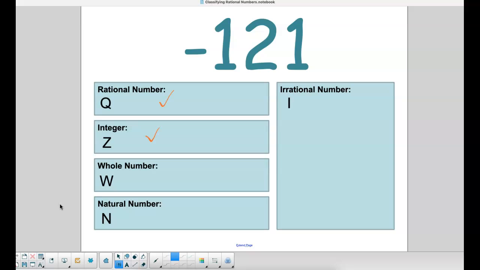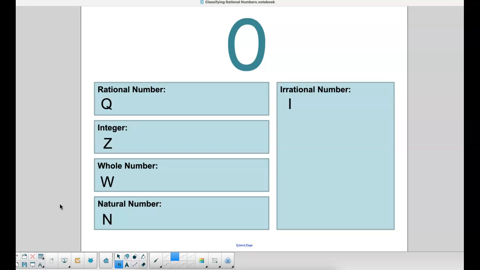Integer and rational. It's a negative whole number, so it's an integer. It's also rational. 0. Do you naturally count to 0? No. Is 0 a whole number? Yes. So then it's everything the rest of the way up.